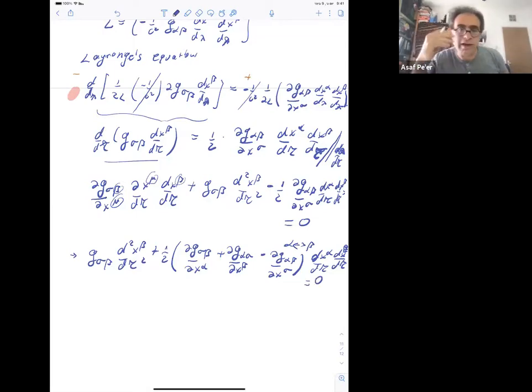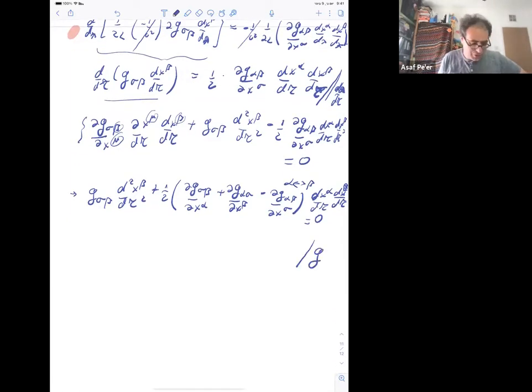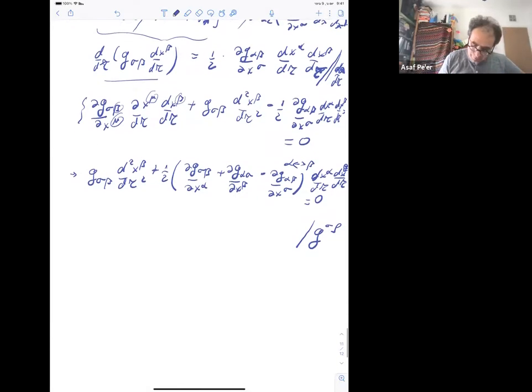Okay, I made a small trick here, writing down this term as 1/2 of the sum of the terms when I shuffle the dummy indices. And then, of course, what is left is to multiply by the inverse metric g sigma rho, which gives us the equation of motion for a free particle, which is simply the geodesic equation.